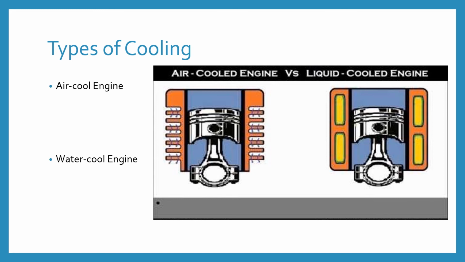In the water cooled engine, there is a water jacket, and the water is supplied through the jacket with a regulator. The water collects the heat from the combustion chamber. In this way the engine gets cooled down. So according to the cooling type, the engine is of two types: air cooled engine and water cooled engine.